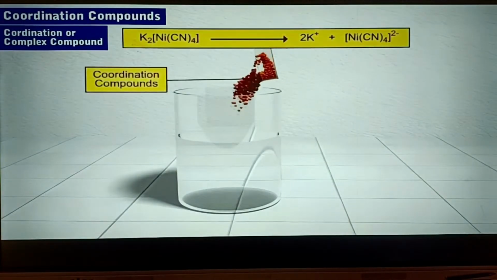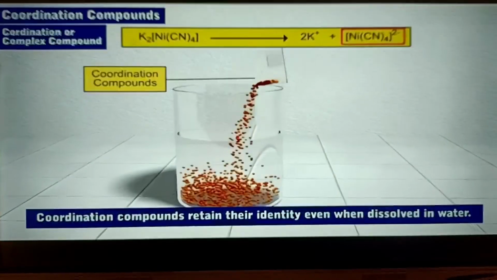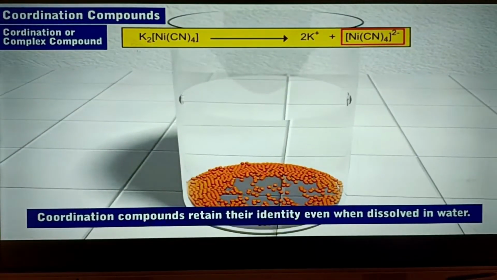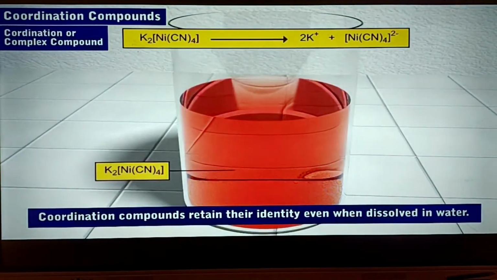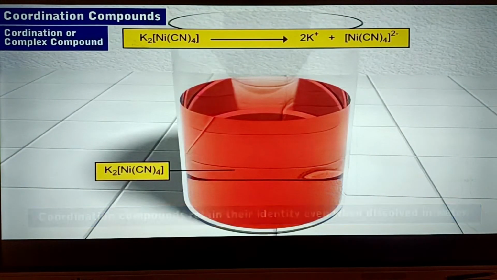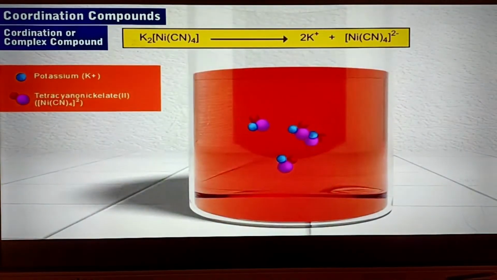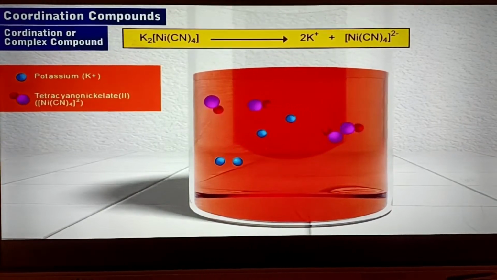On the other hand, coordination compounds are molecular compounds that retain their identity even when dissolved in water. Note that the individual properties of the constituents are lost in these compounds.